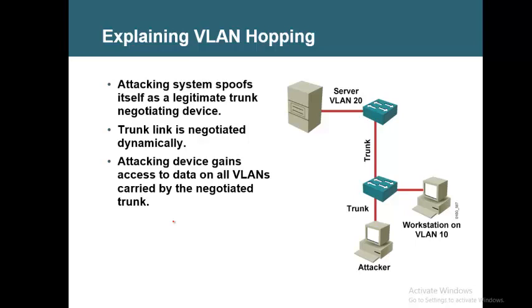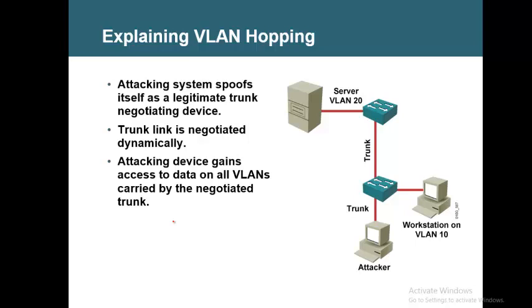Now, if the attacker tries to negotiate a trunk, will that be possible? Not possible at all. So putting ports into an unused VLAN, shutting the interface, and making the interface an access port prevents this VLAN hopping attack.